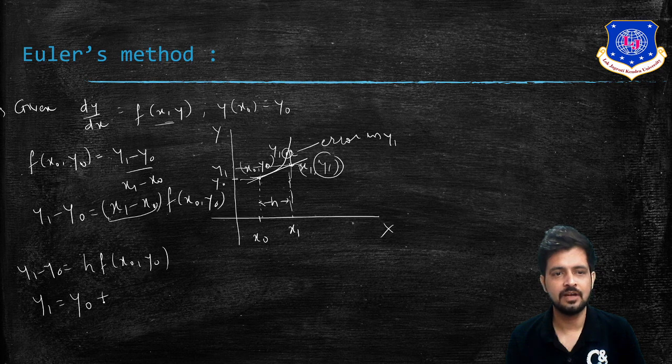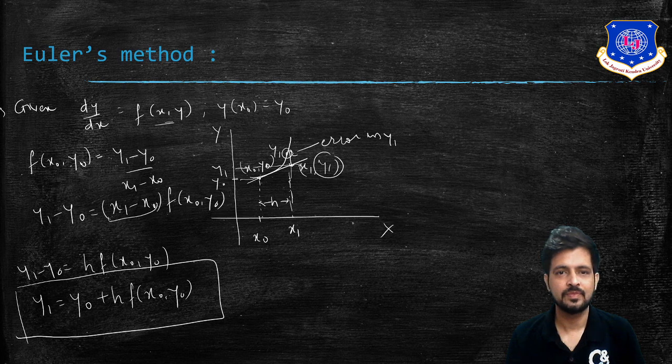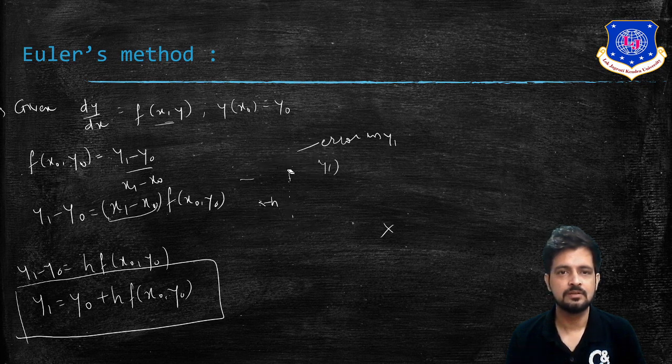According to our Euler's method, y1 will be y0 plus h into f of x0 y0. I am drawing it again so that it will be clear to you. This is the formula to find y1 with the help of Euler's method.